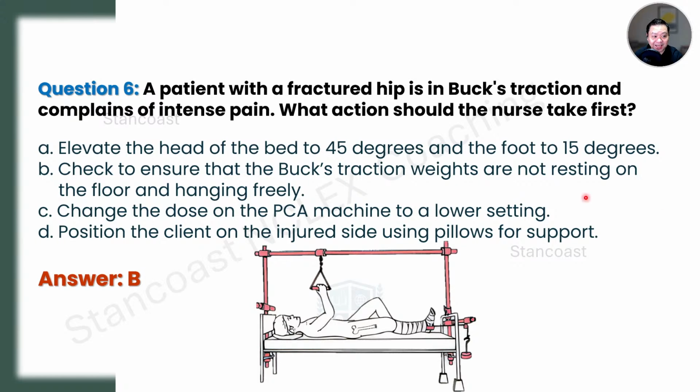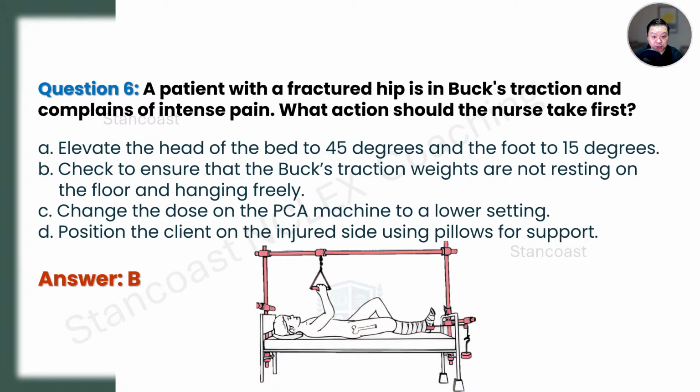Now, if you selected letter A, elevate the head of the bed 45 degrees and the foot to 15 degrees, this is actually going to interfere with the traction system, and this can worsen the condition. Elevating the head of the bed 45 degrees is a lot of elevation there. If you selected letter C, change the dose on the PCA machine to a lower setting, the nurse cannot adjust the dosage of the PCA machine without the medical provider's order.